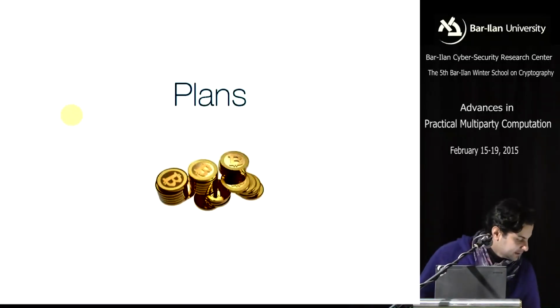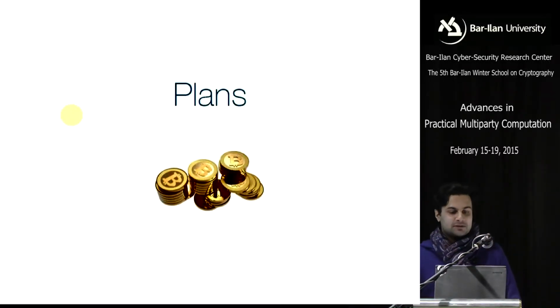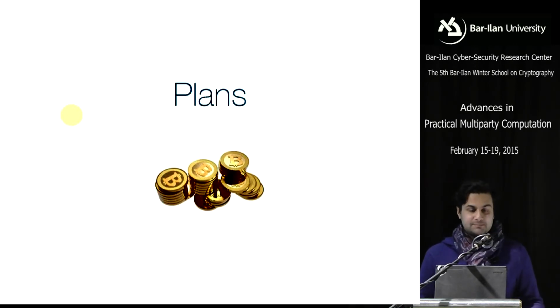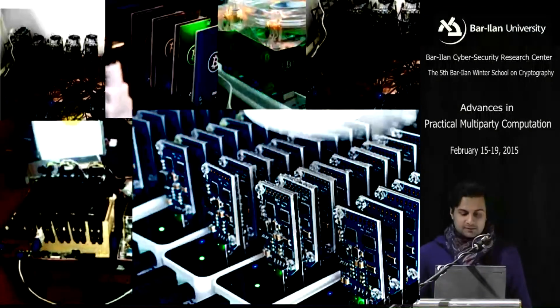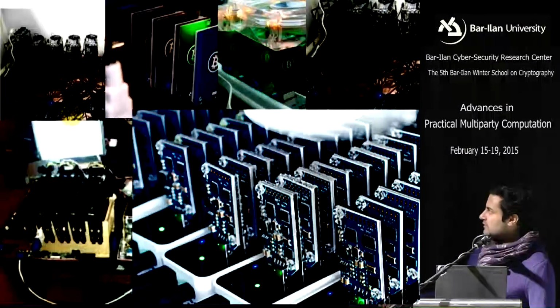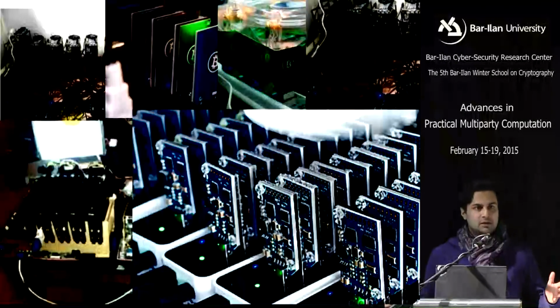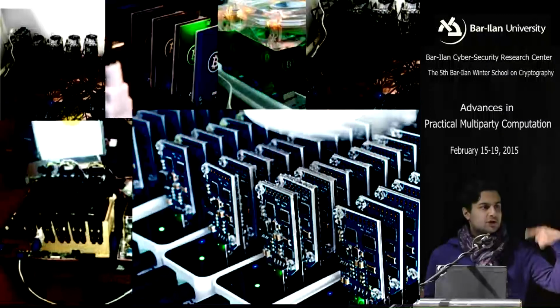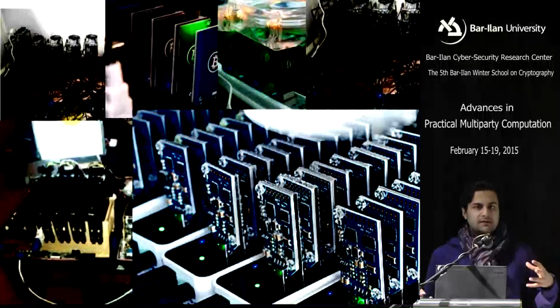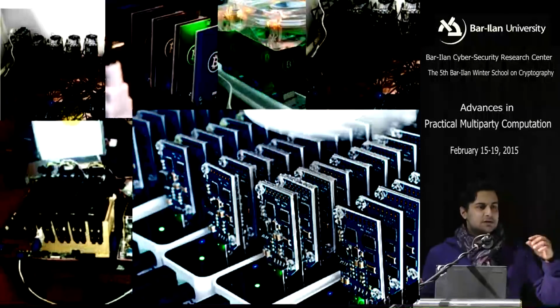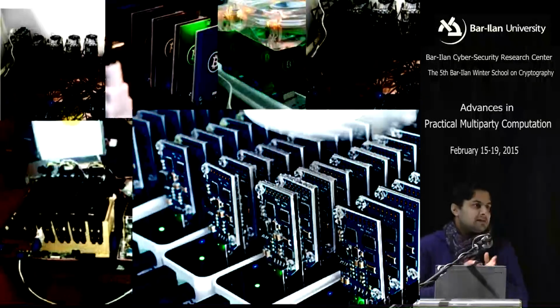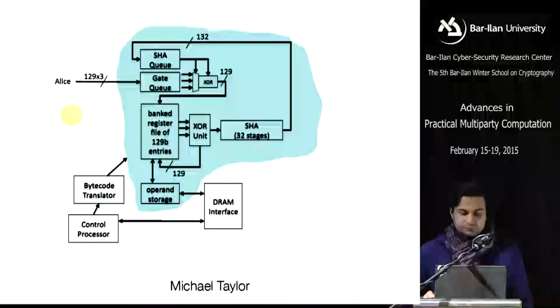More speculatively, I would like to talk about these plans for what I think will be very good. So with Bitcoin, people have invested millions of dollars in building customized hardware to mine, which is basically computing a SHA function very, very quickly. And they have a very nice case, which is very low input and lots of computation.